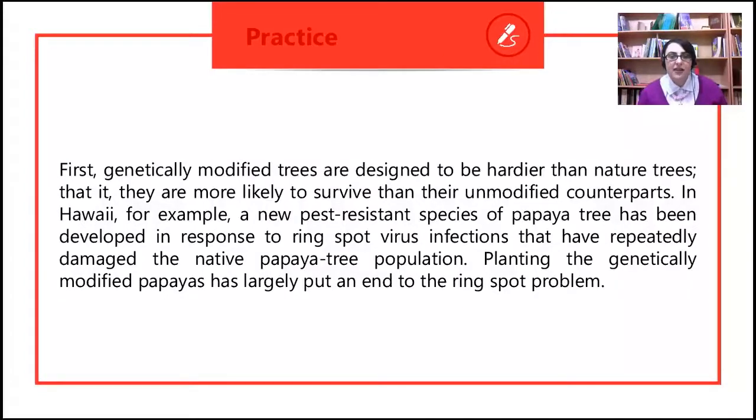First, genetically modified trees are designed to be harder than natural trees. That is, they are more likely to survive than their unmodified counterparts. In Hawaii, for example, a new pest-resistant species of papaya trees has been developed in response to a ring.